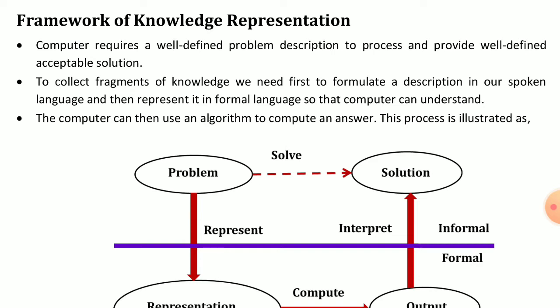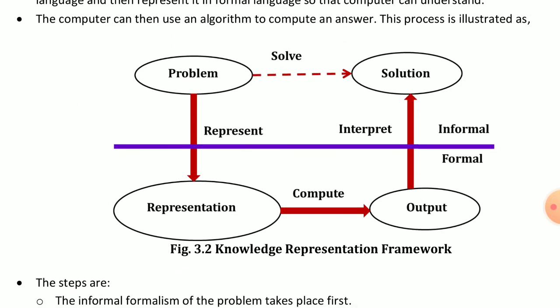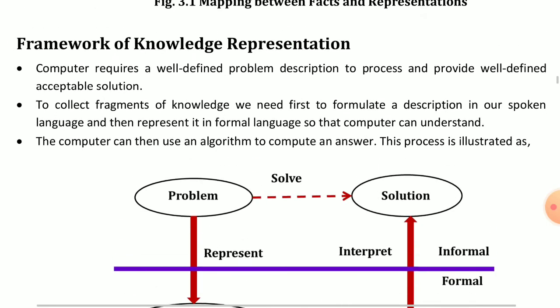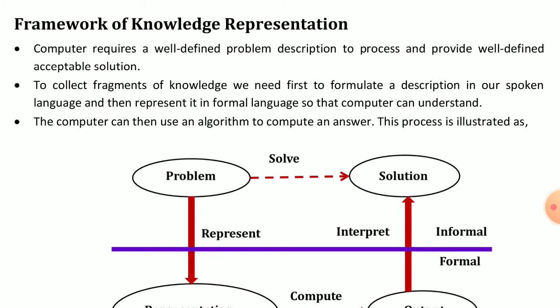In this topic we can take one example and then learn the knowledge representation framework. So I will start with the basic information. In computer we can find the problem's solution.